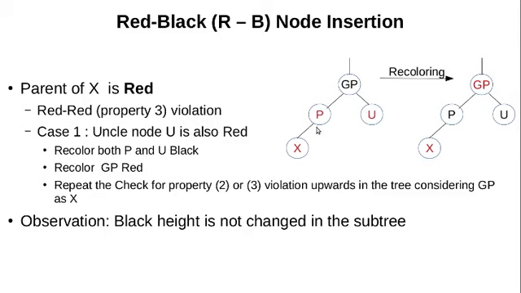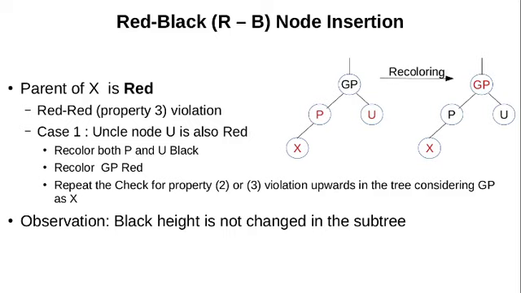P is the parent of newly inserted node X. Node U is the sibling of P and is the uncle of node X. GP is the grandparent of node X. Let's now discuss case 1 of red-red violation, wherein the uncle node U is also red.